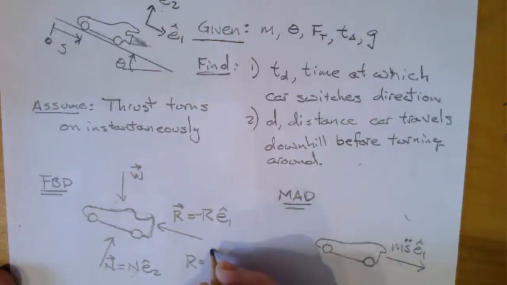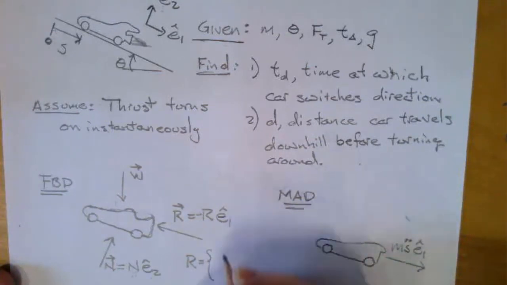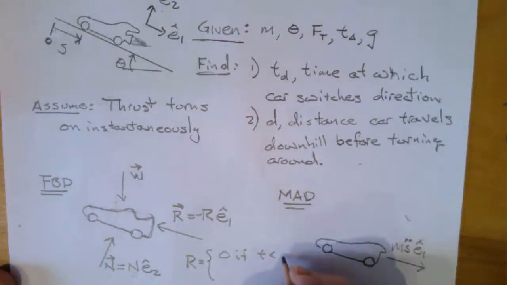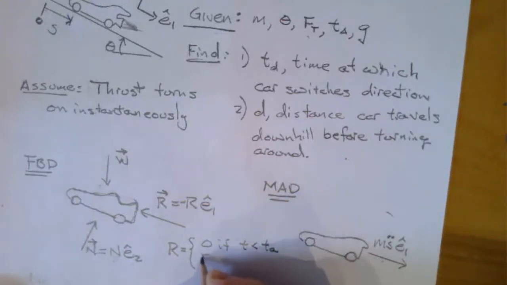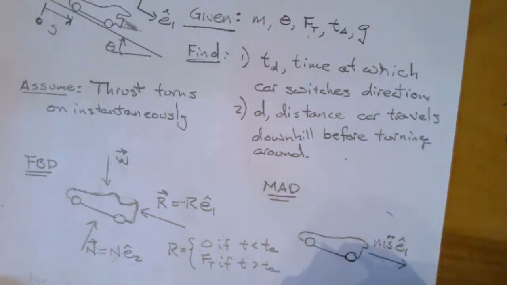So maybe I'll write that down here. r is going to be 0 if time is less than t a, where t a is the time at which the driver turns on the rocket. And I'll let this be what I called it, F of t, our full rocket force. So it'll be R F of t if t is greater than t a. You might say, what if t is equal to t a? Maybe I'll put this one as 0 when it's less than or equal to t a.